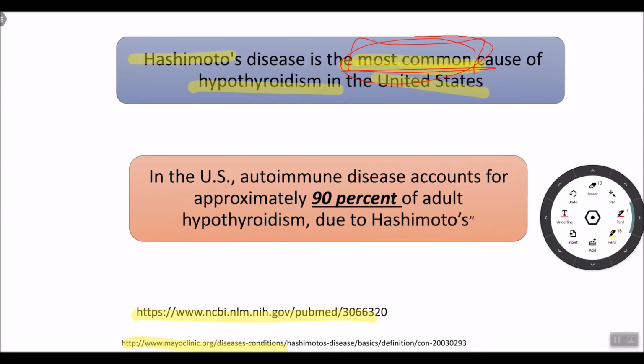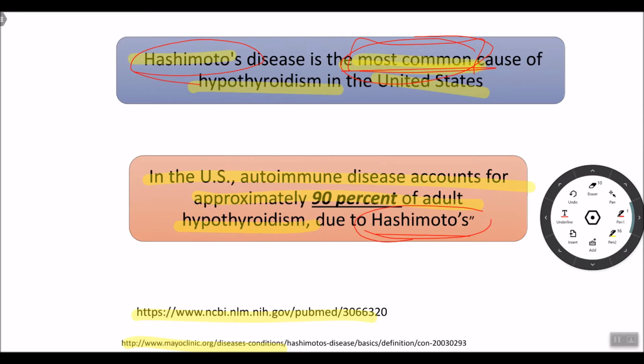So then the next question is exactly what is Hashimoto's disease? Okay. So I'm just going to read this. In the United States, autoimmune disease accounts for approximately 90% of hypothyroidism due to Hashimoto's disease. Let me read that sentence again because this is very, very critical that you understand that.